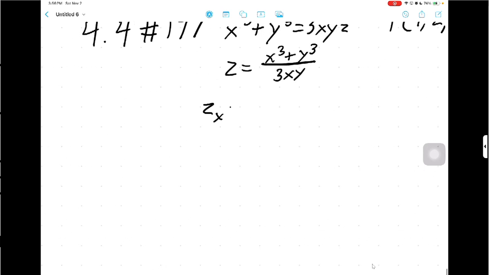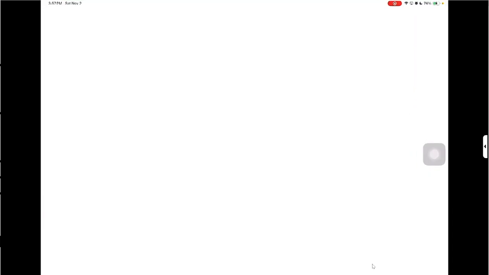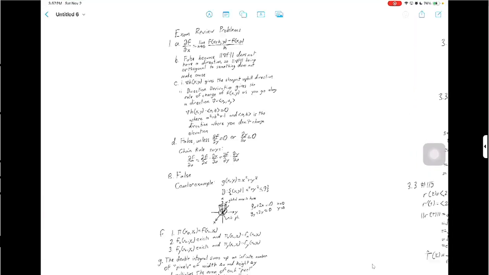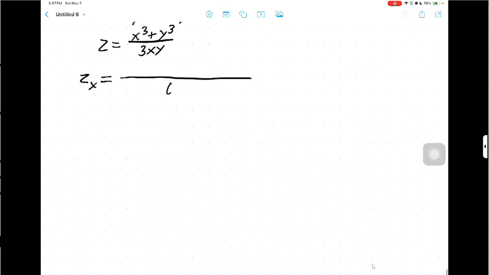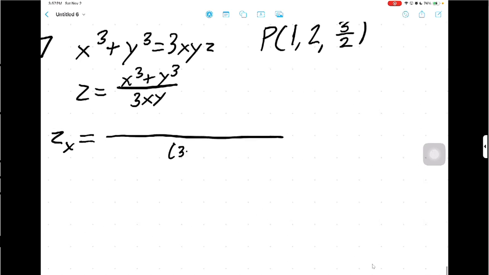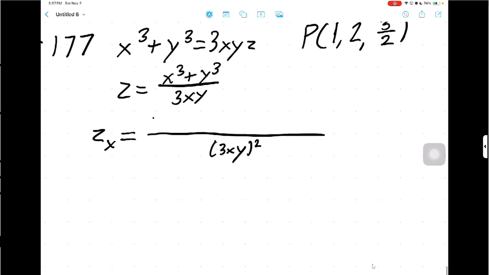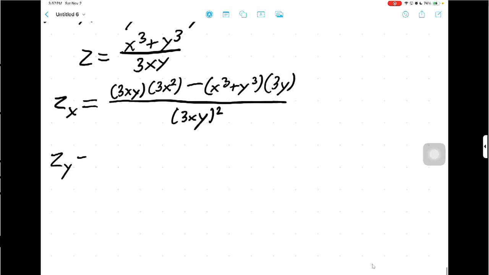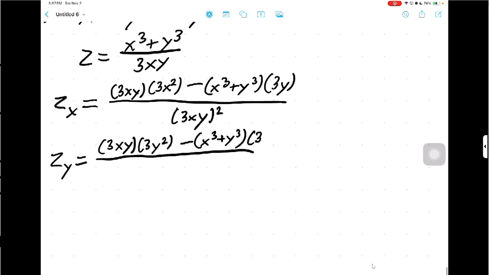Back to doing more partial derivatives. I don't like this one. More quotient rule. This is the bottom, and then low d high, minus high d low.